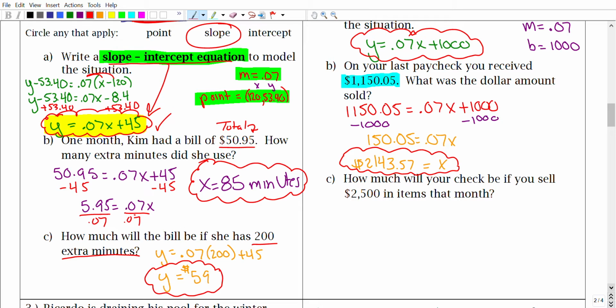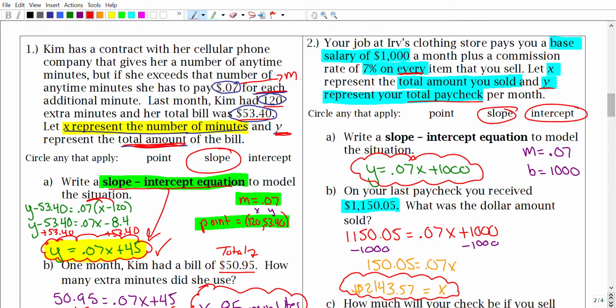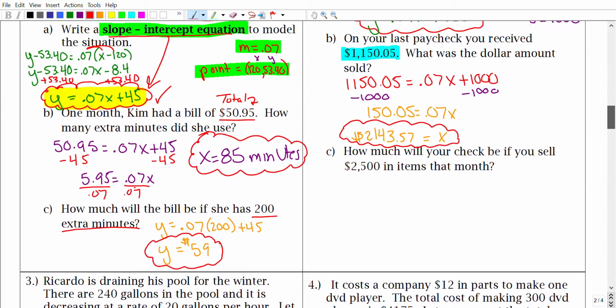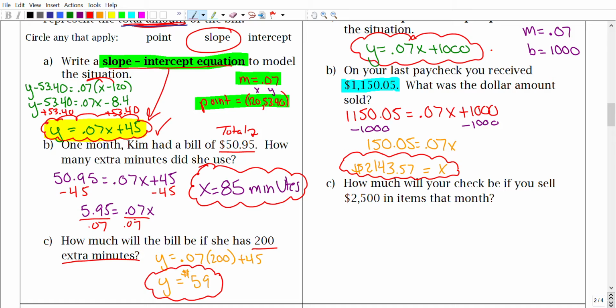Last problem says how much will your check be if you sell $2,500 in items? Okay, so let's go ahead and see. What variable represents the amount of money in items? That would be X. So now I'm going to reset, take my original equation that I had up here, and instead of putting that 2,500 in Y, I'm going to actually put it into X this time.